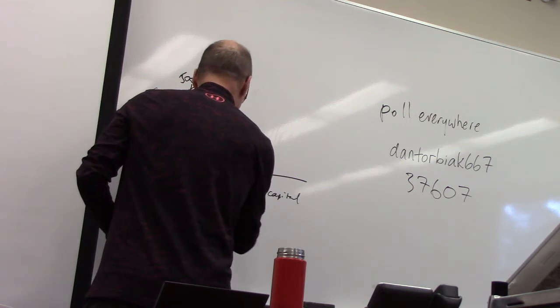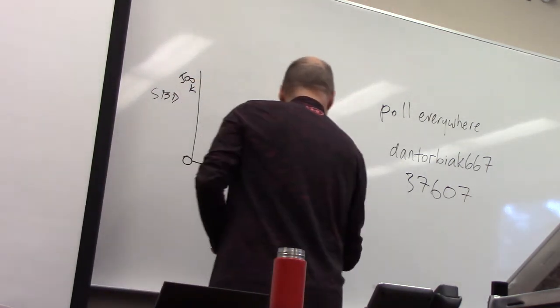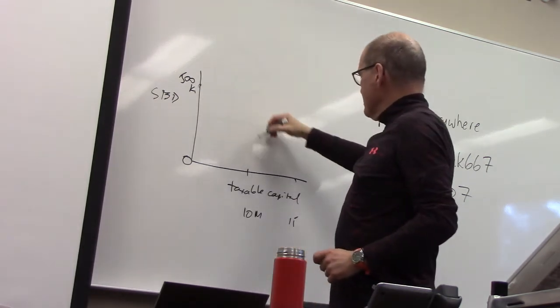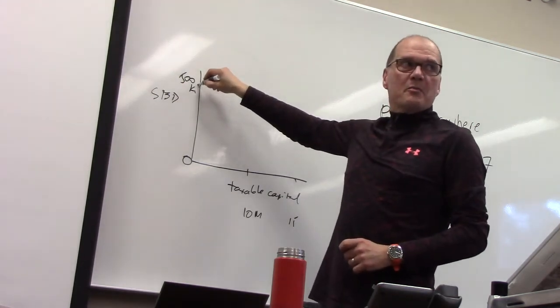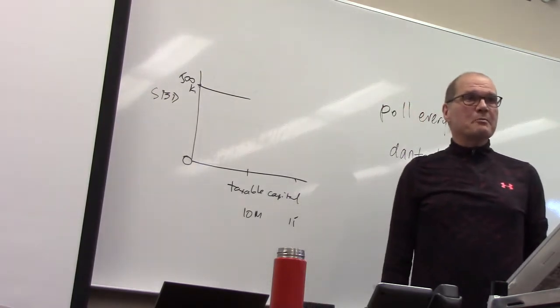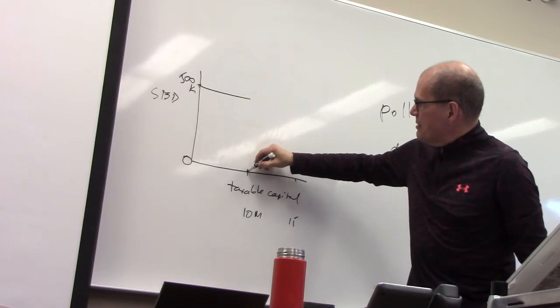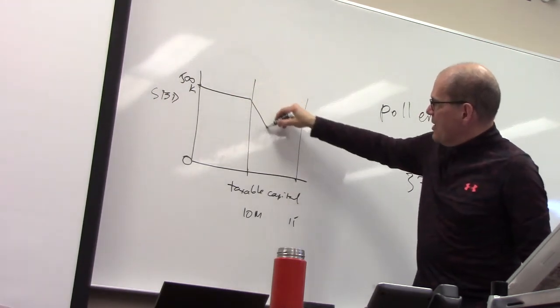This is 0 taxable capital, 10 million, and 15 million. So at taxable capital of between $0 and $10 million, I have the full $500,000 available to me. It's a good day. But between 10 million and 15 million, it goes down to 0 like that.